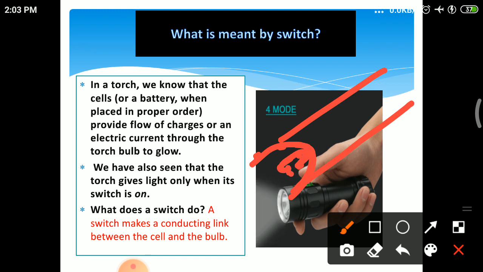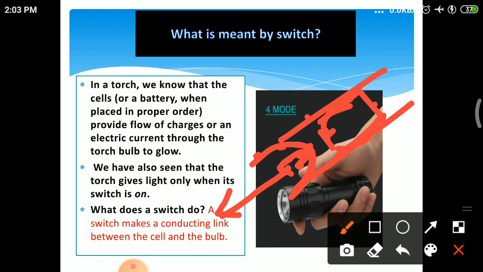How does this electric bulb give light energy? And also you know that the torch consists of a battery or cells. So the chemical energy of the battery gives energy to the bulb. Due to that, the light glows.